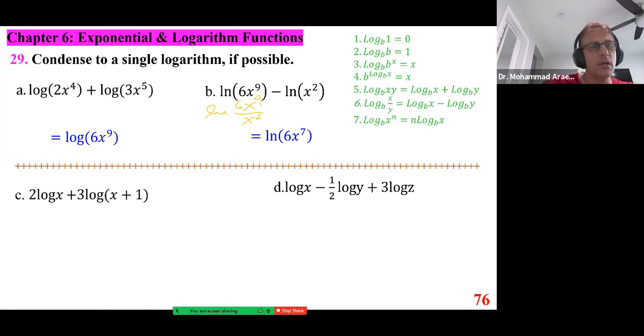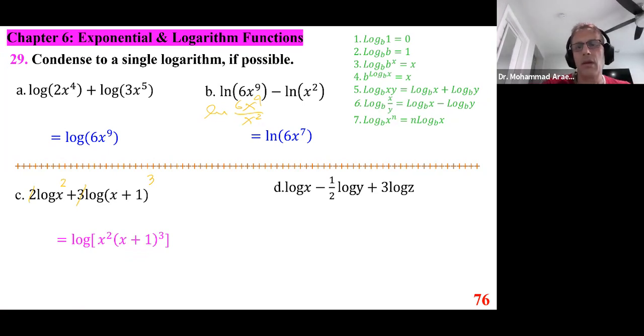This one, I'm going to put the 2 here. This one, I'm going to put the 3 here. And now I'm going to use the product. The next one, I'm going to make this square root of y and drop the 1/2.